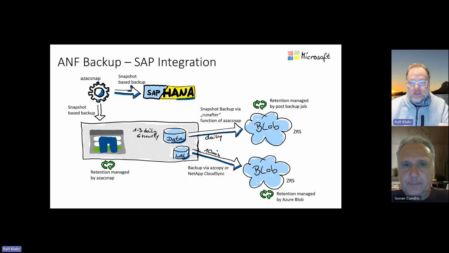Of course, you can also choose 10 minutes, but 10 minutes doesn't really make sense. So you can choose either a daily transfer or an hourly transfer. And with that hourly transfer, you make sure that you back up the volume content, and also the snapshots, over to your blob space. And Azure blob is also cheaper storage, right? Exactly, for the backup application.